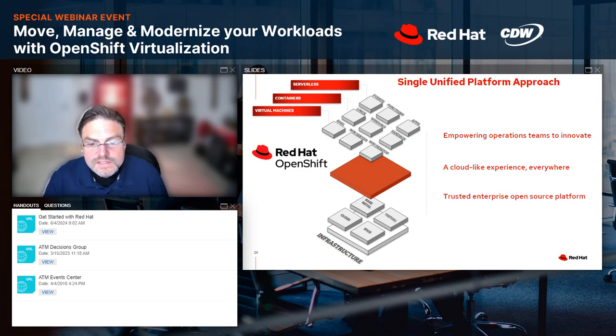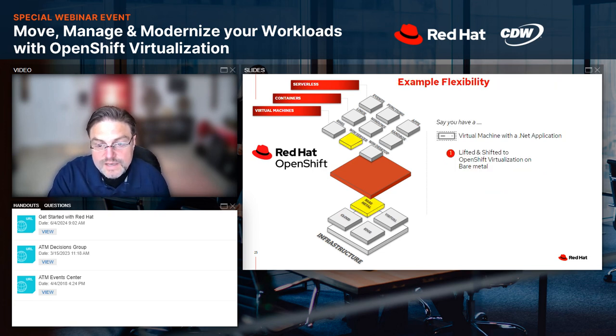So let's talk about what that cloud approach could be for your environments. OpenShift today supports virtual machines, containers, and serverless-based technologies. So say I have a .NET application. I can take that .NET application and lift and shift that Windows server onto OpenShift.